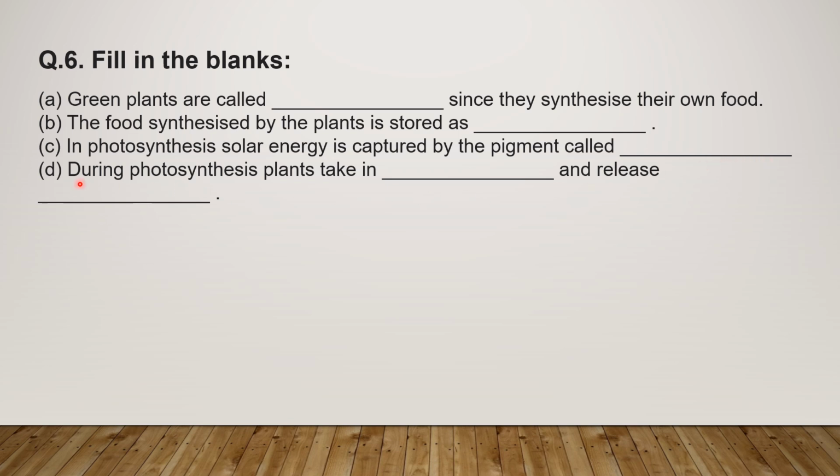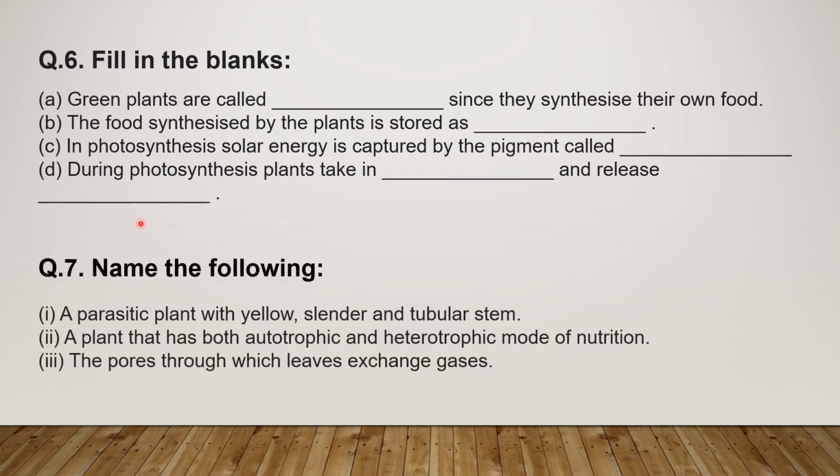Okay. And the D part is, during photosynthesis, plants take in dash and release dash gas. During photosynthesis, plants take in carbon dioxide, CO2, and release oxygen, O2, gas.